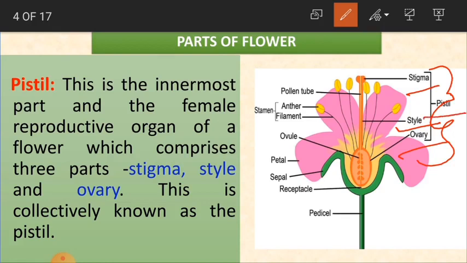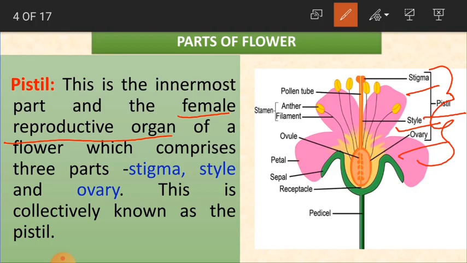This is the innermost part and the female reproductive organ of the flower. This pistil lies inside the flower, innermost.